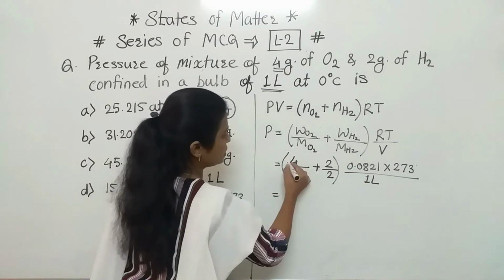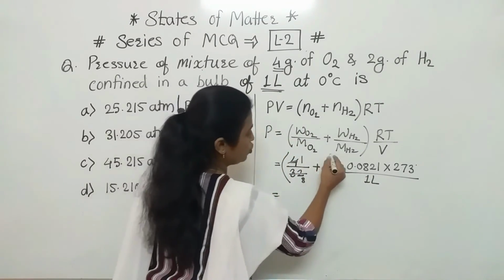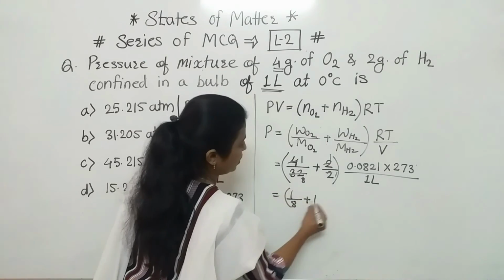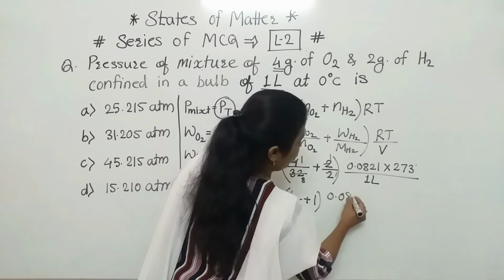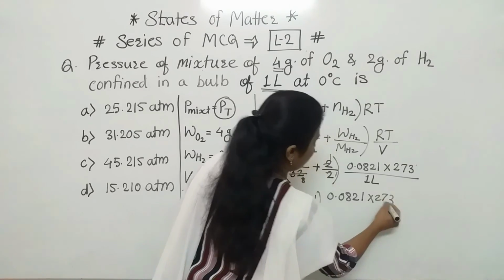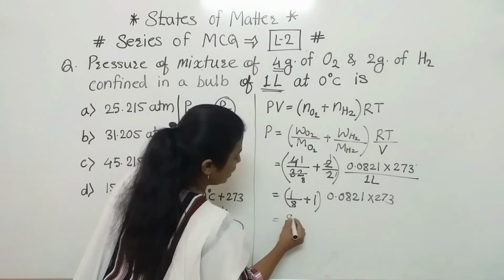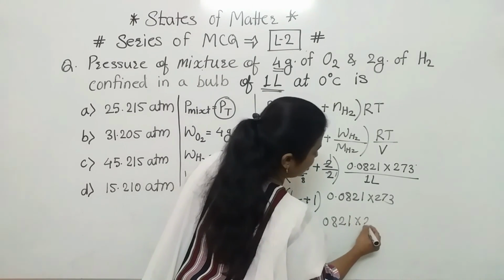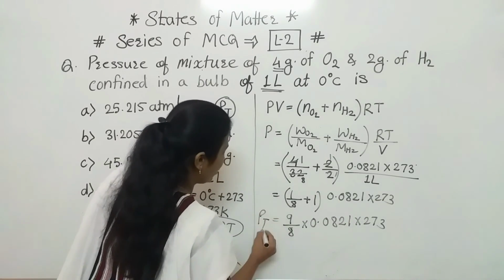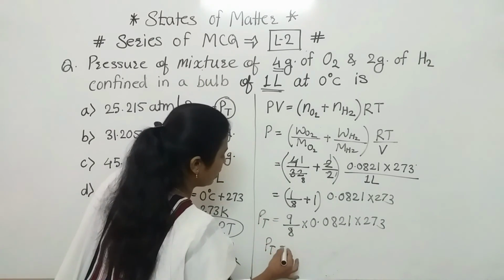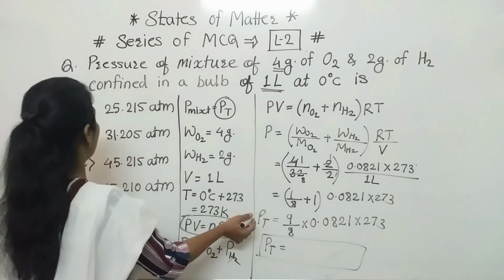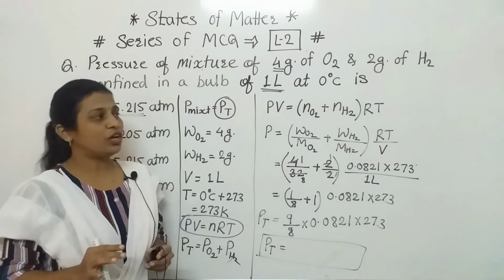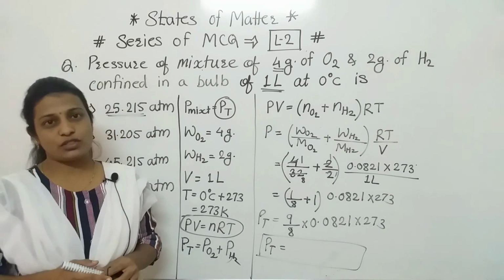So in this way, 4 8s are 32, 2 1s are 2, 1 1s are 1. So here 1 by 8 plus 1 into 0.0821 into 273. Finally, 9 by 8 into 0.0821 into 273. And this calculation is nothing but finally our answer. And that final answer is 25.215 atmospheric pressure.